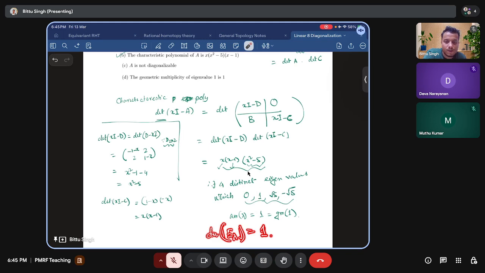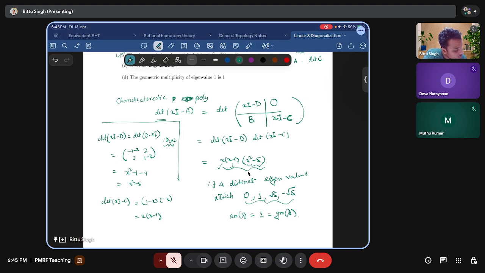This is forced. Always recall that if there are distinct eigenvalues, then the algebraic and geometric multiplicities are both 1. And when the algebraic and geometric multiplicities are the same for all eigenvalues, then it is diagonalizable.